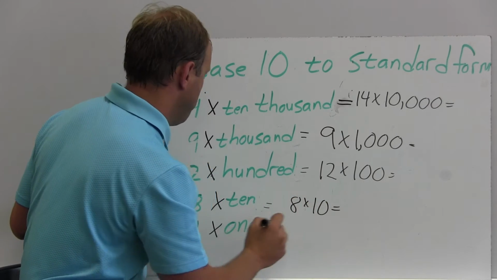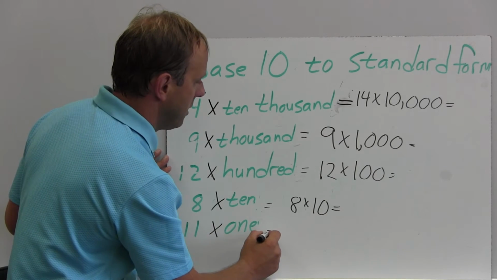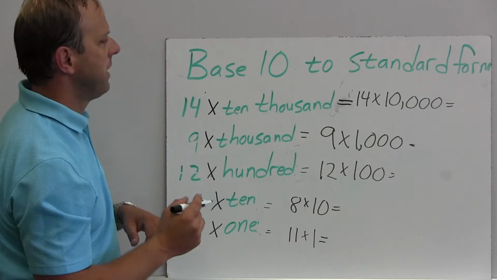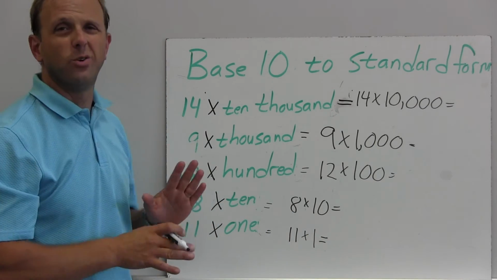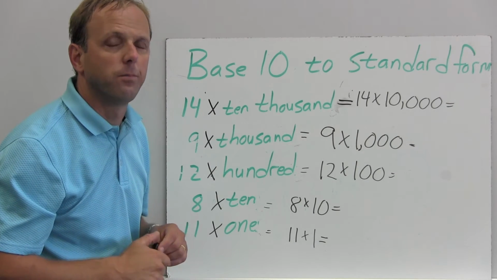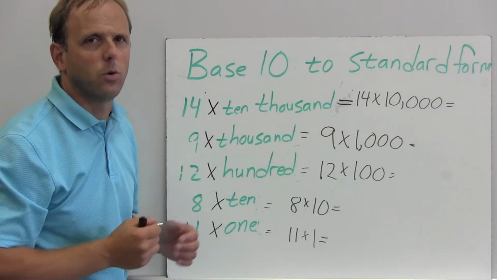You should know that one. And 11 times 1. Now again, I just felt like it would be a good idea to sort of show you this is one other thing that we will encounter later on in the year. Or actually at the beginning of the year, but not quite yet.